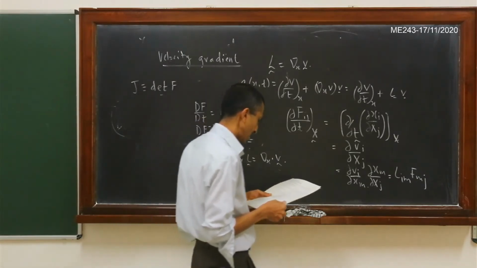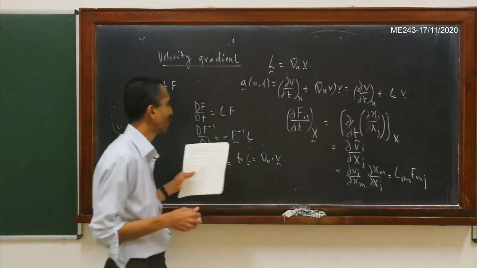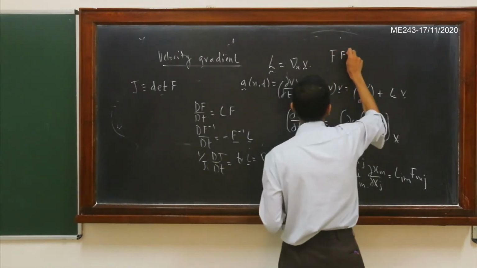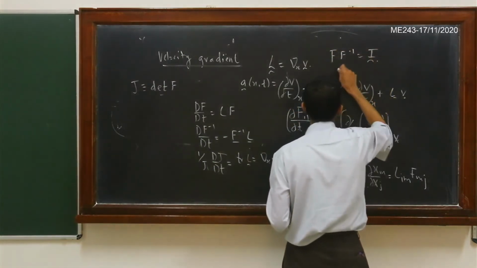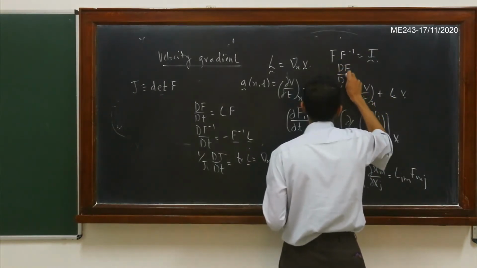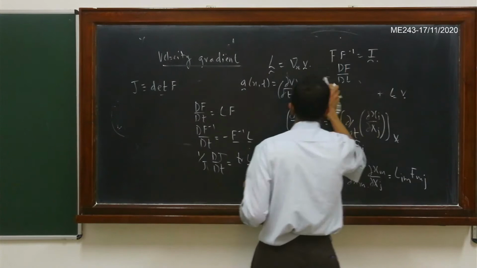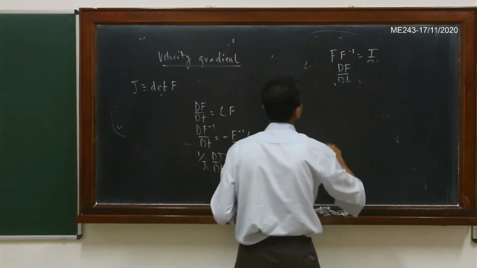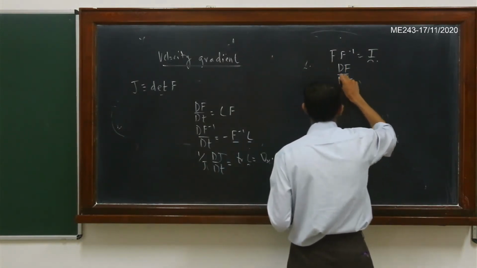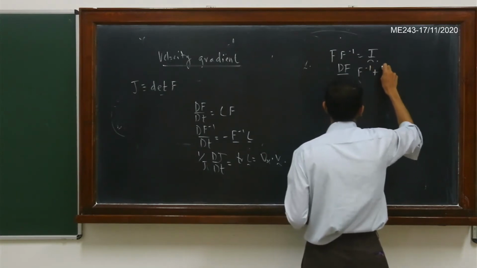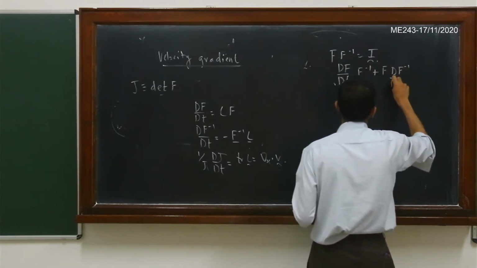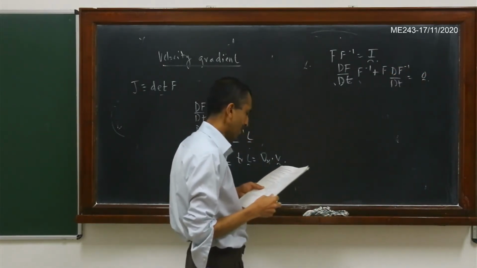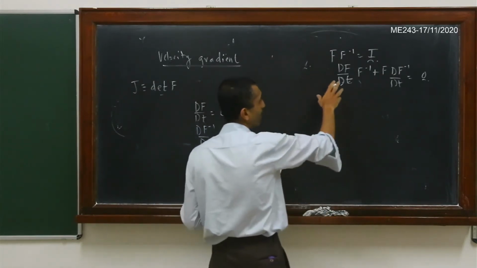Then the second one is fairly easy, because you just use the fact that f times f inverse is equal to the identity tensor, and so df by dt times f inverse plus f times d f inverse by dt is equal to 0. The identity tensor is a fixed tensor, so the material derivative of that is just 0. And then f is invertible, as we know.